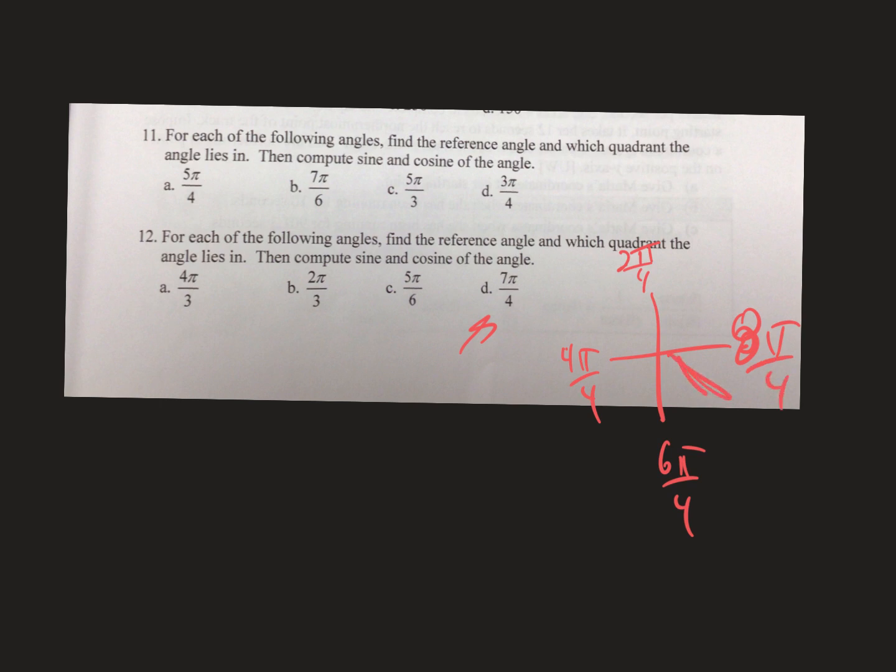So 7 pi over 4 would fall here in quadrant 4. So if you think back to that shortcut I gave you, 2 pi minus 7 pi over 4 would be 8 pi over 4 minus 7 pi over 4, which would be pi over 4. And maybe you don't even need to do that subtraction, but that's how it works.